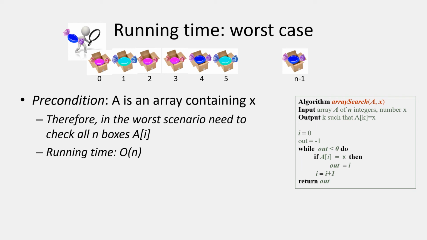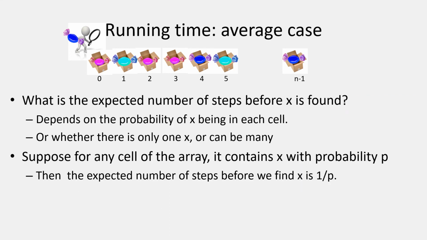So in the worst scenario, the algorithm that we have will have to look at every single box. There are n of them, so running time is big O of n. And actually, this was a pretty simple example because there was nothing recursive. We didn't even need recurrences.